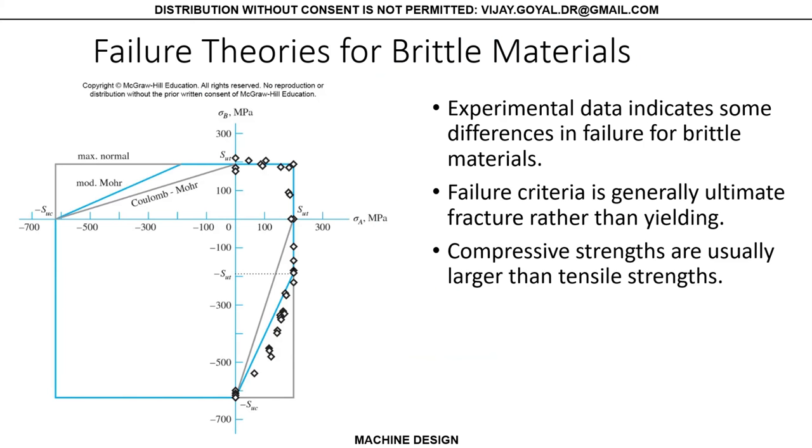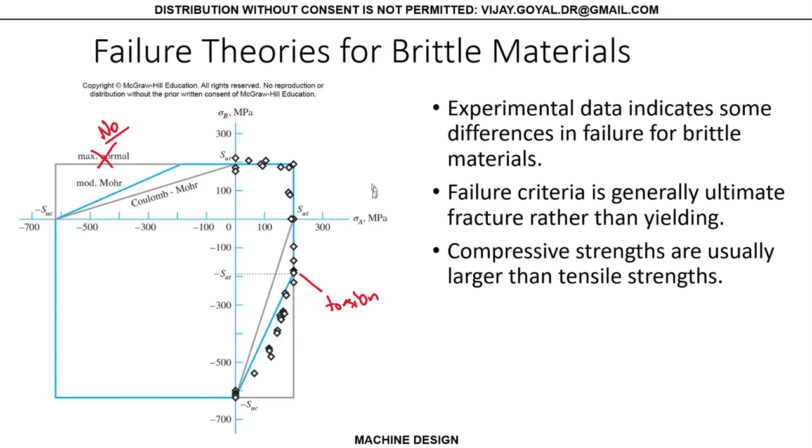Overall, this is what your load diagram looks like. We're going to work with 3 theories in particular. One is the Coulomb-Mohr theory, the other one is modified Coulomb-Mohr, and the other one is the maximum normal stress theory. Maximum normal stress theory, we don't like to use it and it should not be used. This point right here is the location of torsion mainly.